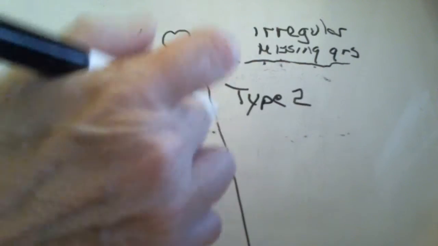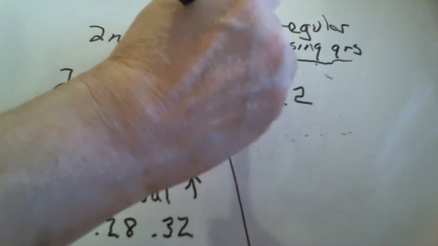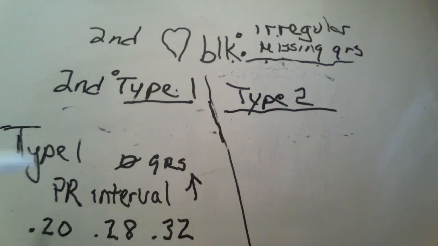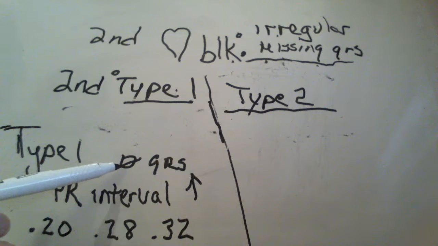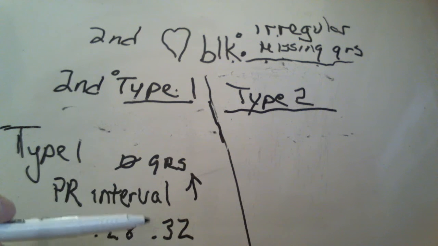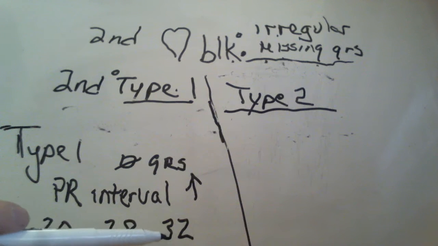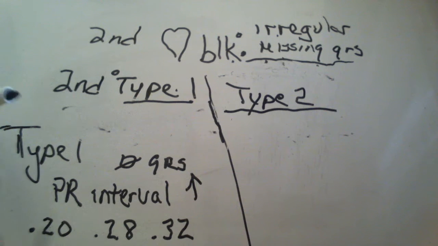It is type 1, but all second degrees are irregular and they're missing QRS. If you have that, you have a second degree block. Then you just have to figure out which one it is, type 1 or type 2? Type 1, your PR interval is increasing. You are missing QRS. All of a sudden, it gets longer, longest, and then a QRS is gone.